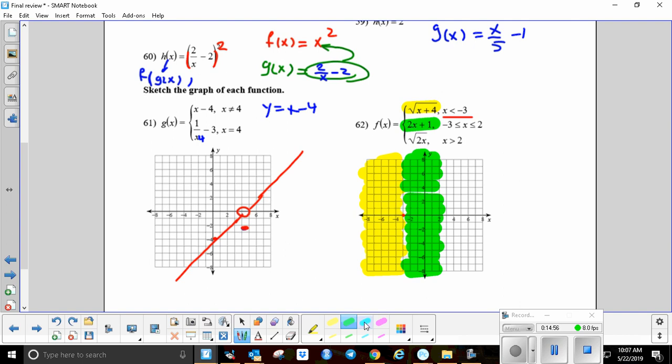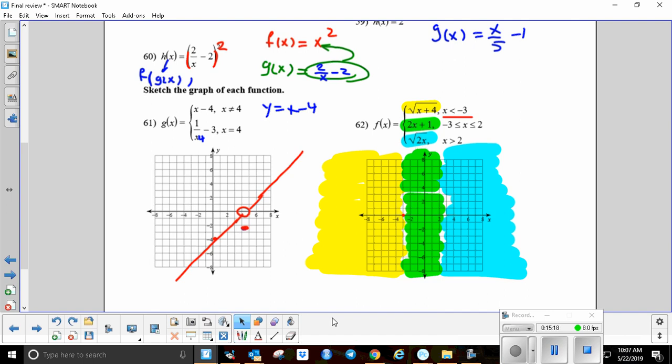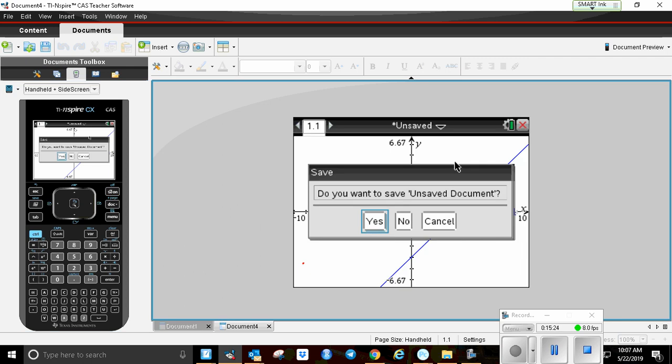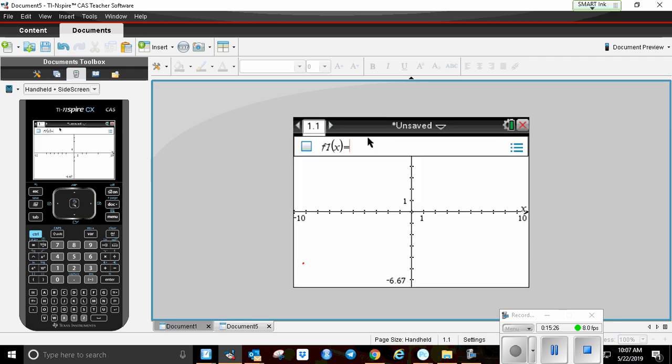And easily for more than 2, I'm going to graph. So go ahead and graph. First thing to graph is the square root of x plus 4. So let's go ahead and graph that. Come on. Let's go. Everybody do it. I need everybody to do it under your calculator. This is how you learn. What was it?